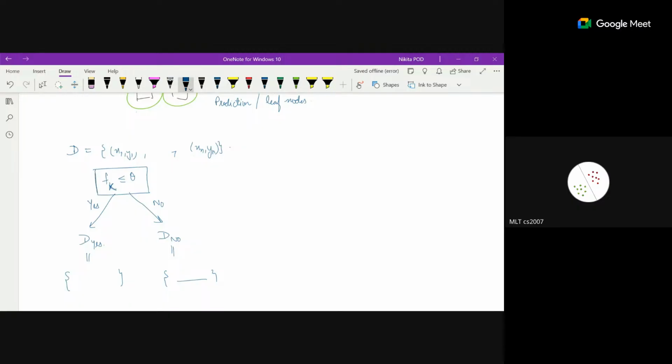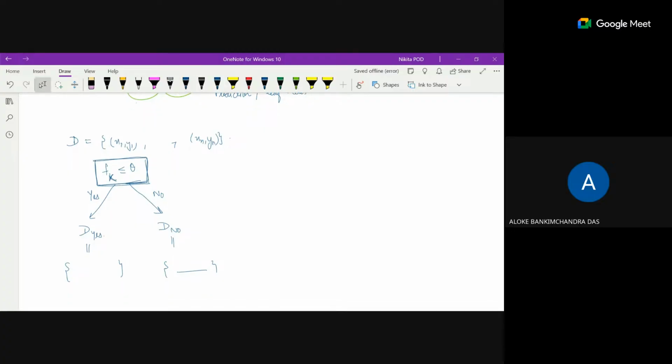Then the Ds can subsequently become another next level of split. It can branch further and go down in depth, and the next branch will also come. Here we are just talking about asking just one question.